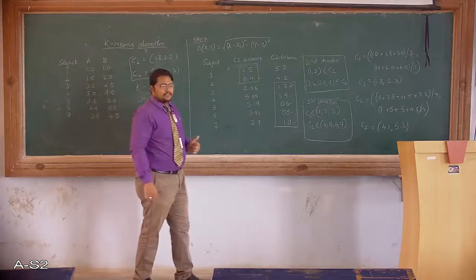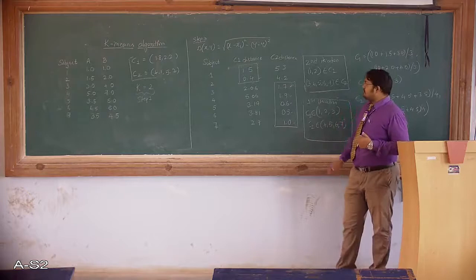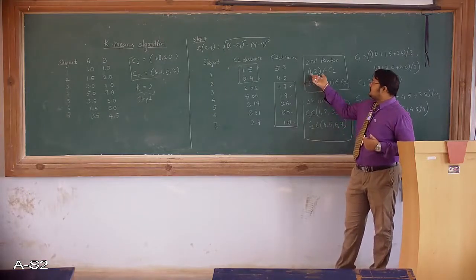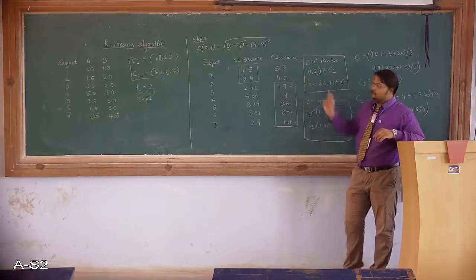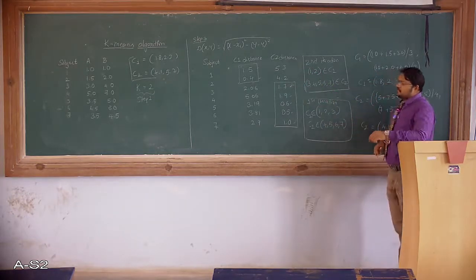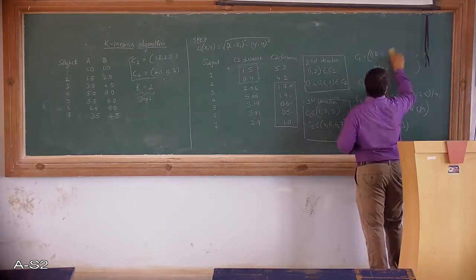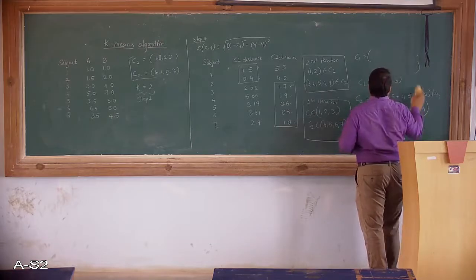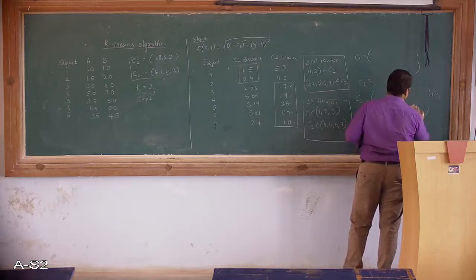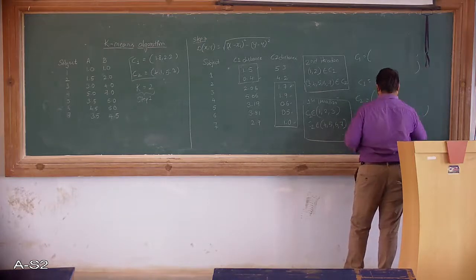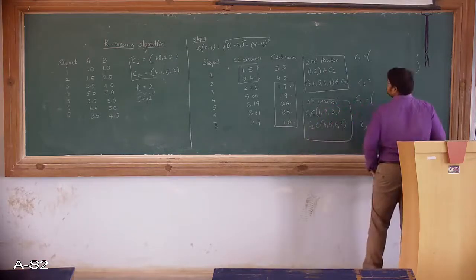So how are we going to find the new clusters? The new cluster is found by taking the average of the clusters. So for 1, 2, that is (1.0 plus 1.5) by 2 and (1.0 plus 2.0) by 2. Compute it.